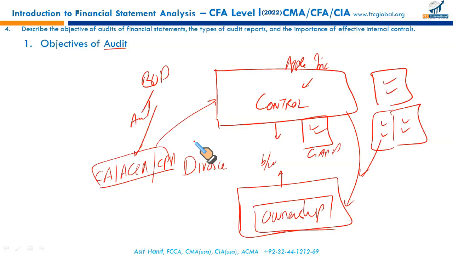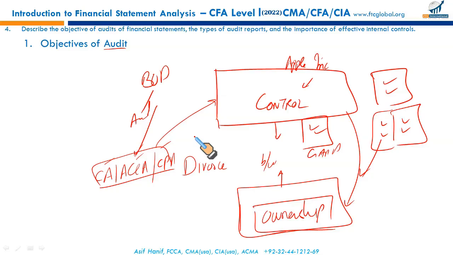They are not misstated. At least they are reasonably fair. So that is the reason in limited companies it is required under the law that the financial statements be audited by qualified professional accountants, and their certification, their audit, will lend credibility to the financial statements and they will become more reliable. Right? So that is audit.